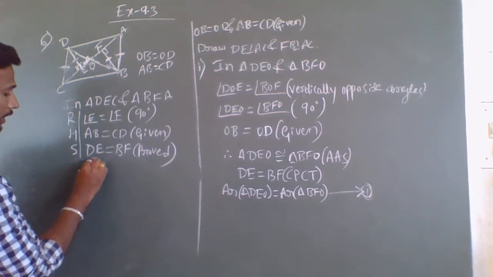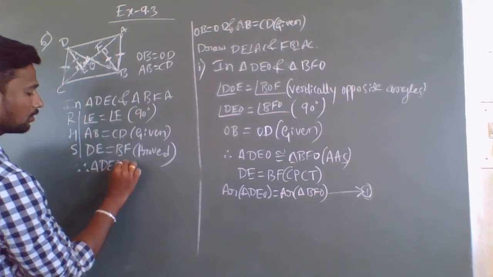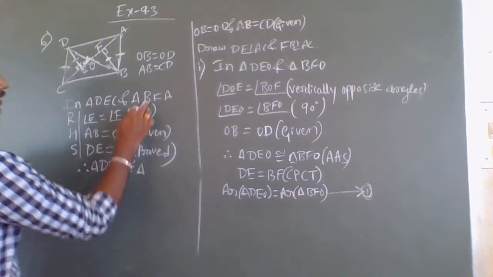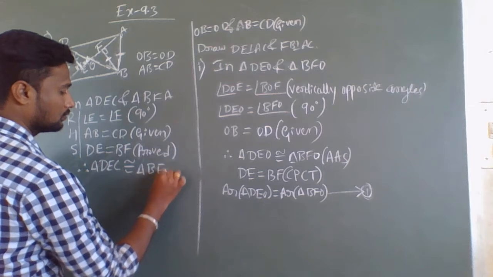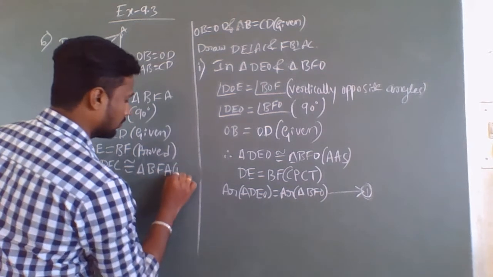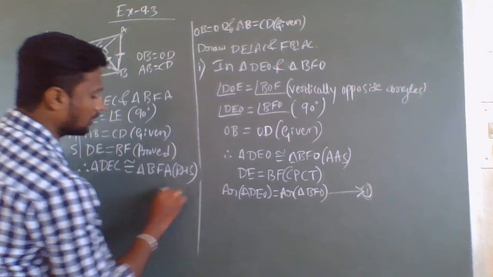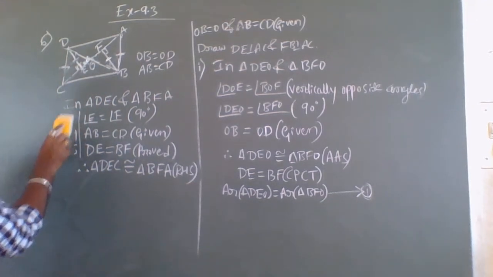Therefore, triangle DEC is congruent to triangle BFA by right angle hypotenuse side. From RHS, these two triangles are congruent to each other.